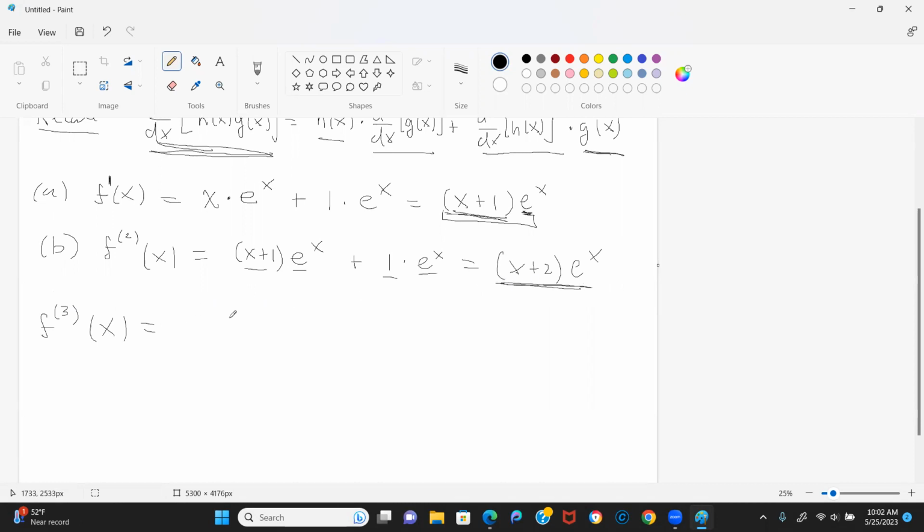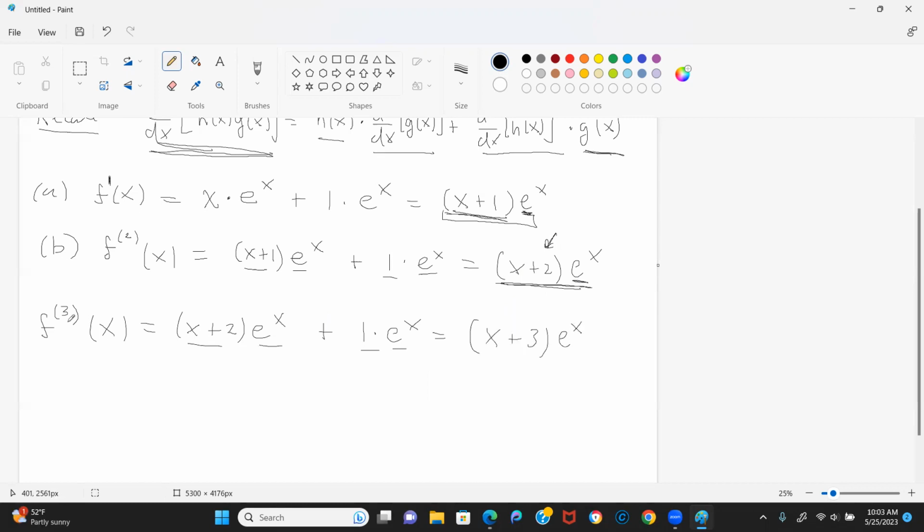Again, the product rule says you take the first function and multiply by the derivative of the second function, which is just e to the x, plus the derivative of the first function, which will just be 1, times the second function, e to the x. Again, I have this common factor of e to the x. I can factor that out, and what's left behind is x plus 2 plus 1, so it'll be x plus 3.